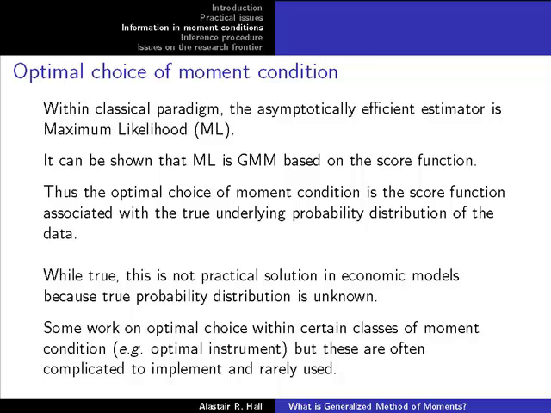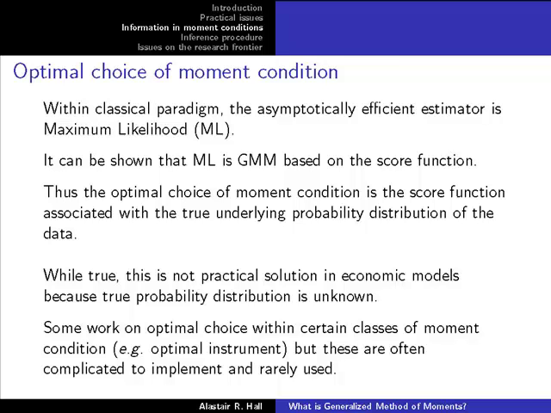Now, we saw two examples of how those restrictions often take the form of population moment conditions, but crucially, neither of those examples actually involved the distribution of the data. And that's the same in most other economic models. It doesn't tell us what the distribution of the data is.